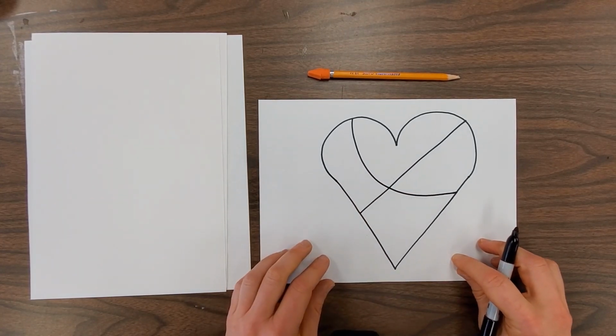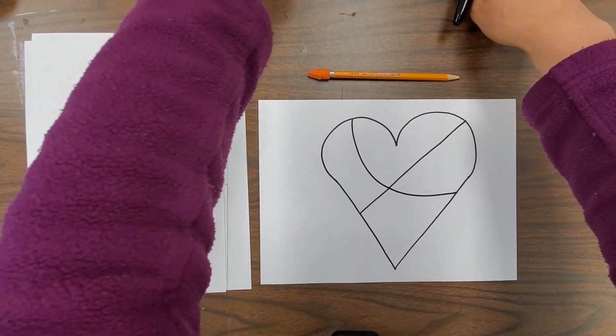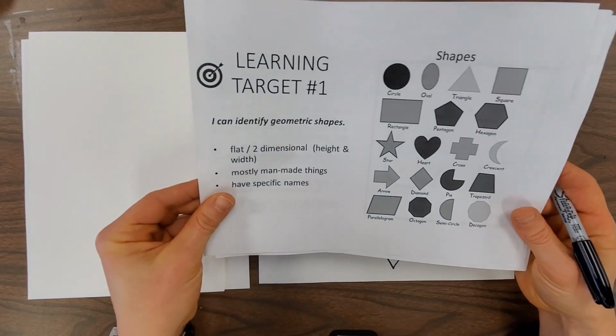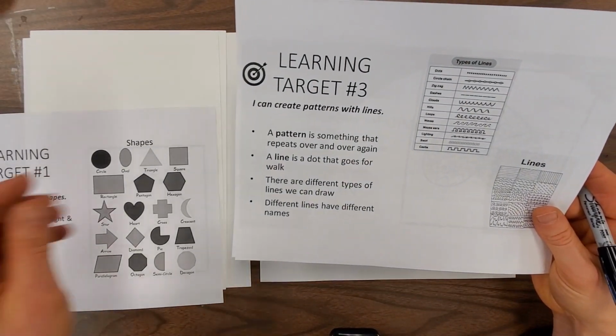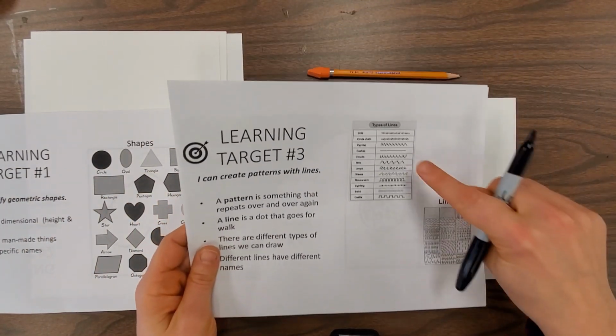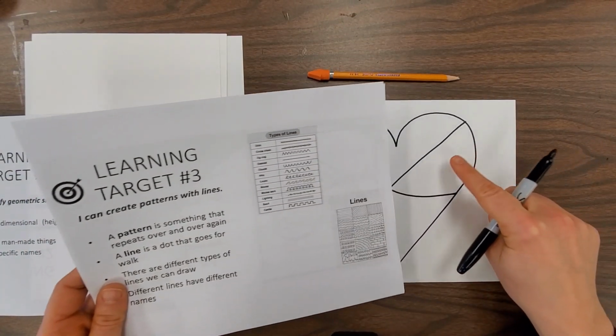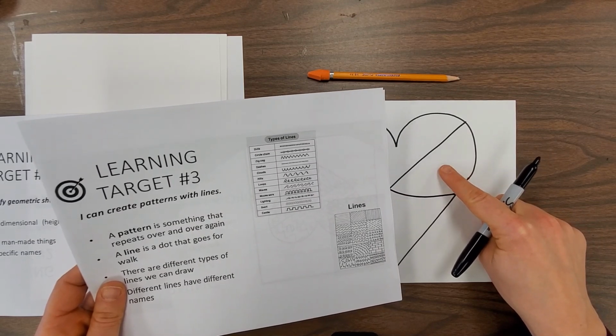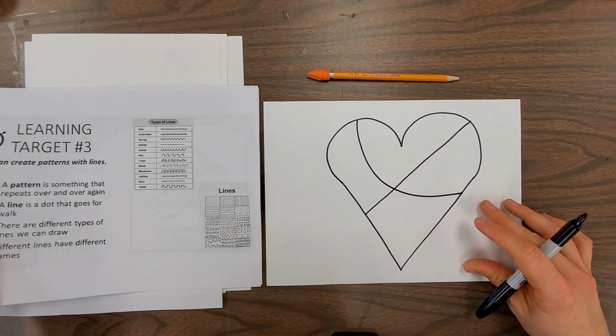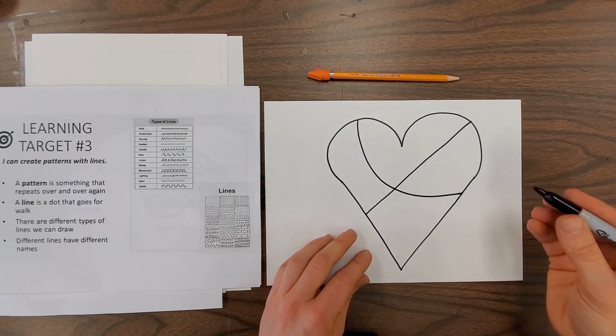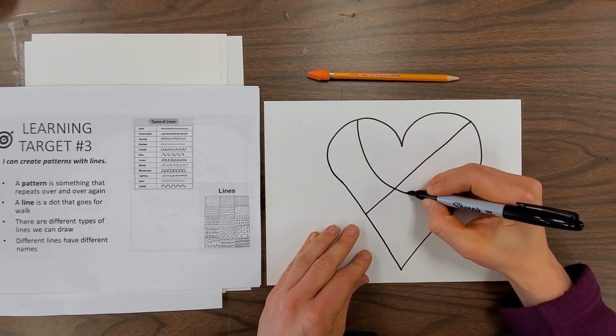Now the fun begins. I am going to look at all the different types of lines that I can draw, and then I am going to choose one of those lines to make a pattern inside my spaces. I'm going to do a curved line.